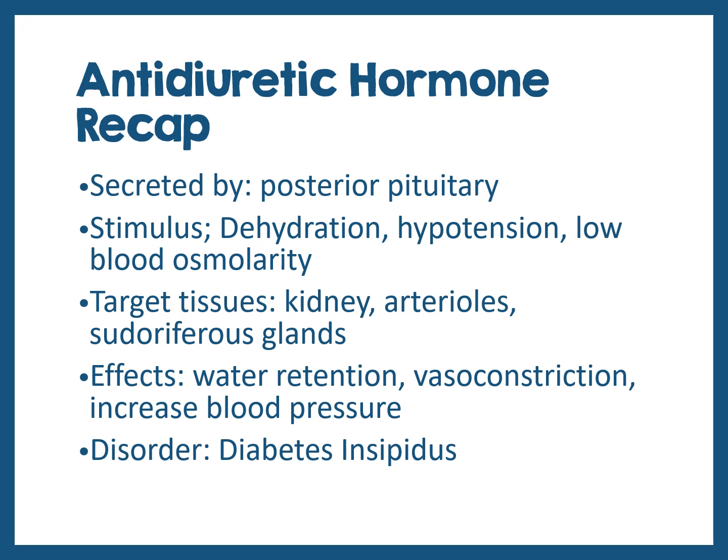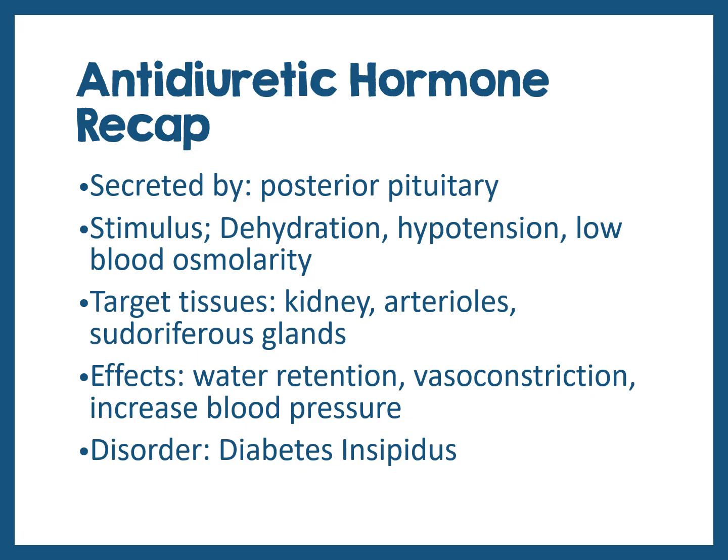So it is secreted by the posterior pituitary, and things that are going to stimulate the production of antidiuretic hormone to retain water are going to be things like dehydration or hypotension, that's low blood pressure, or low blood osmolarity.